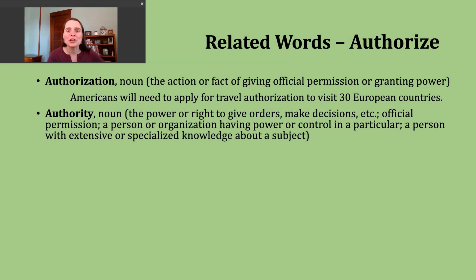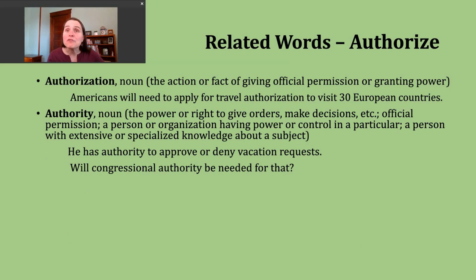Another related word you might encounter is the noun authority. This noun can have a number of different meanings. I think I've picked out four that I thought you were most commonly going to hear or see when you were reading. And the first way the noun authority gets used is to refer to the power or the right to either give orders, make decisions, do those types of things.